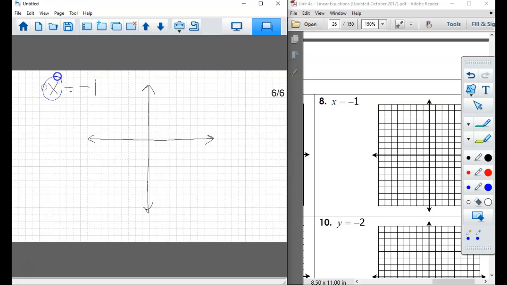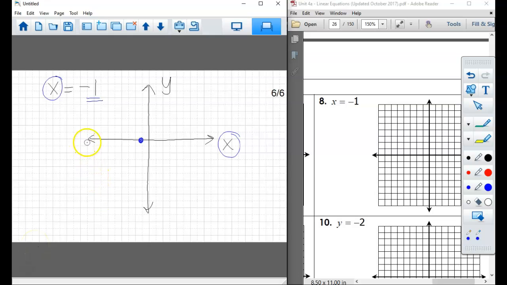You're going to cross the, oh, and I didn't label, did I? X, Y. All right, you're going to cross the x-axis at negative 1. So starting from 0, you're going to go to the left one on the x-axis.